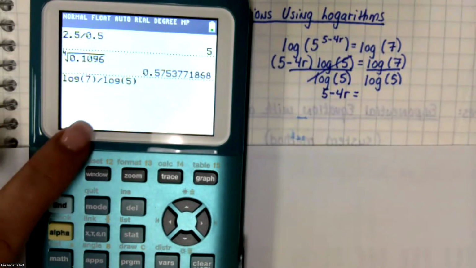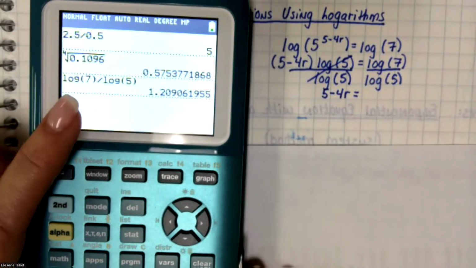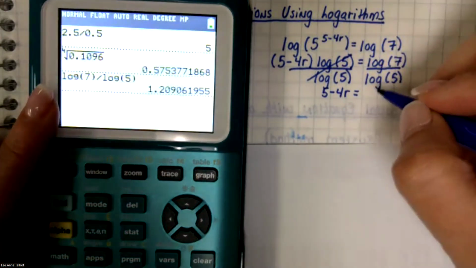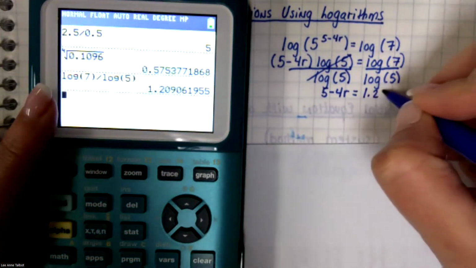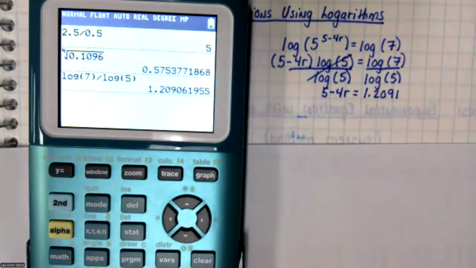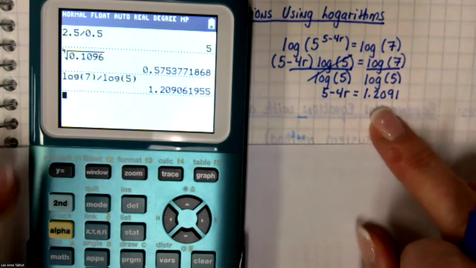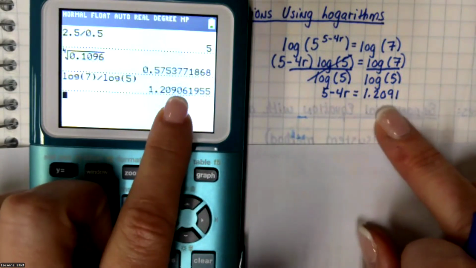Do log 7 divided by log 5. This is my recommendation: round on your paper, but don't round in the calculator. Just keep it going in the calculator. So we're too lazy to write the whole thing over here. So I rounded to 4 decimals as I always do.